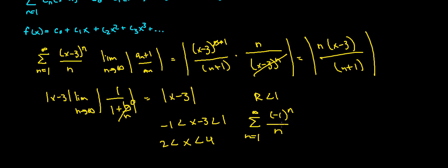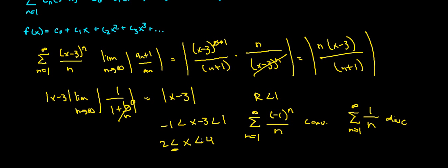And this is an alternating series which is convergent. So that means at 2, it's also convergent. If I put 4 in here, I will have a positive 1, which will give me this. And this is divergent. So I'll leave that there.